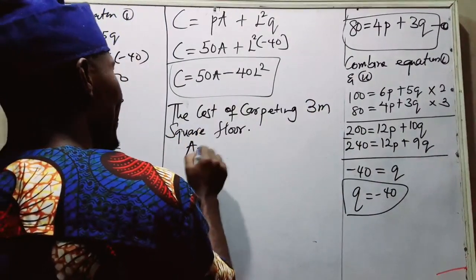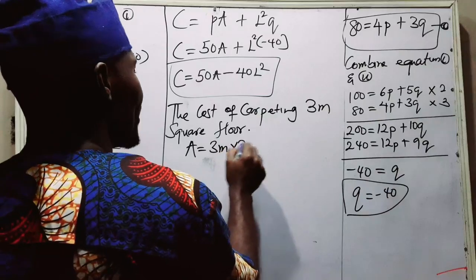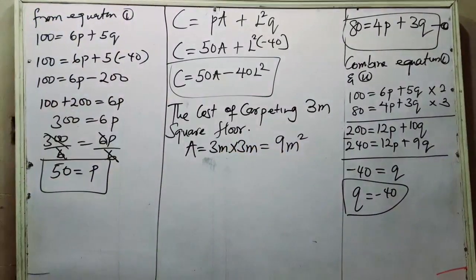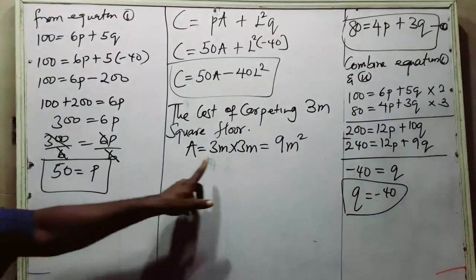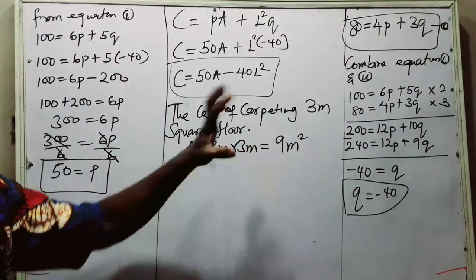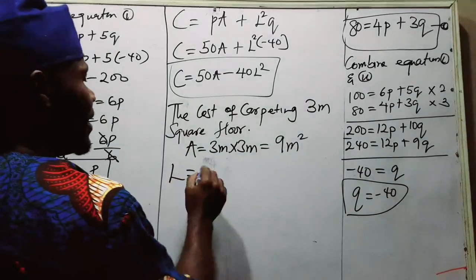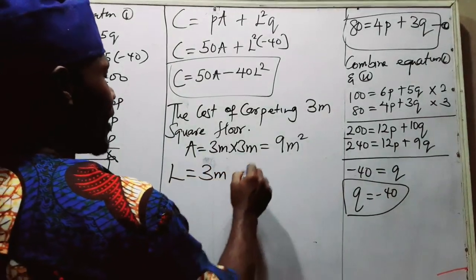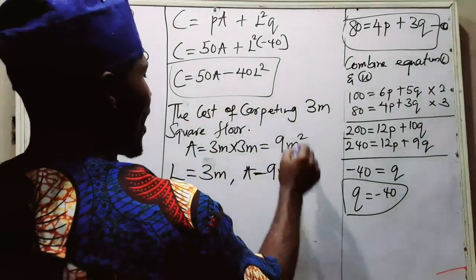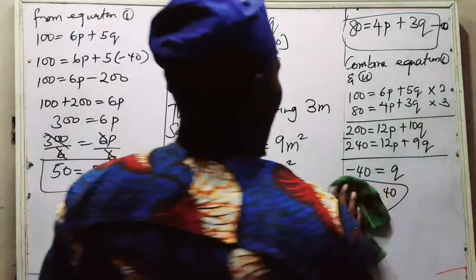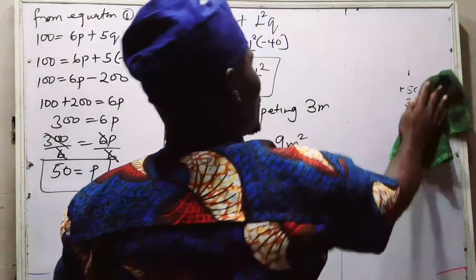It means the area is 3 meter by 3 meter, which is 9 meter square. So that is the area. From here, we know that our L is 3 meter and area is 9 meter square. So this is exactly what we need.